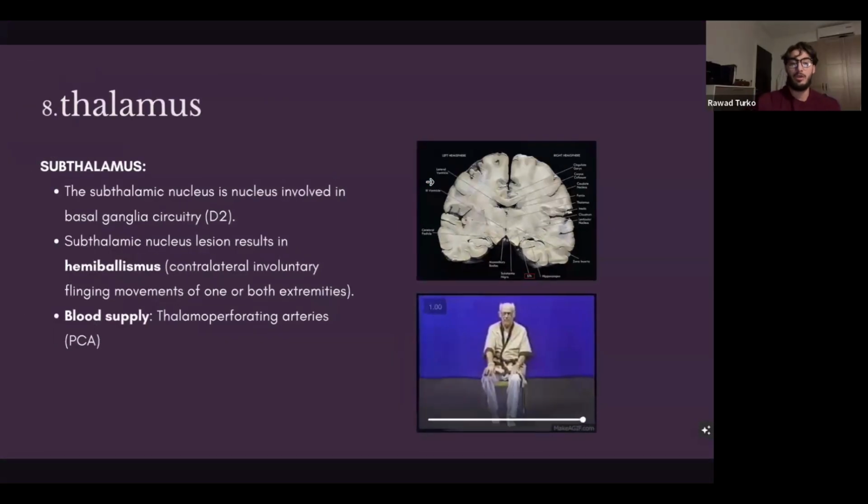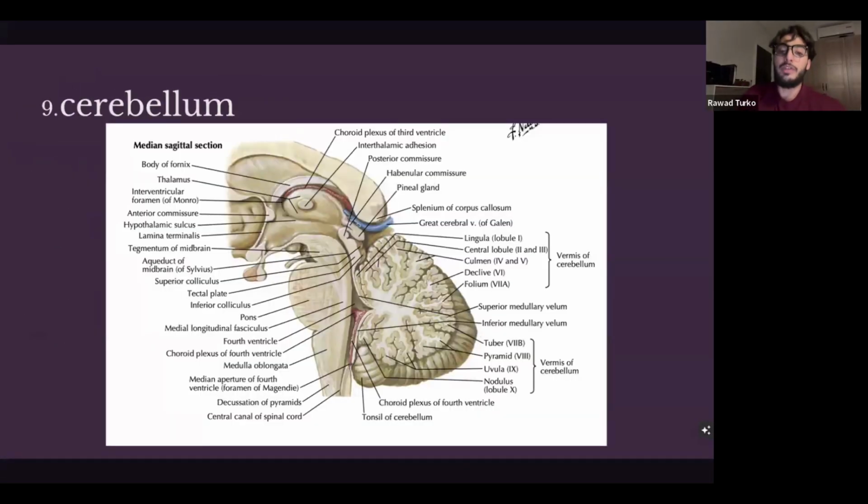All right. Moving on to the cerebellum. Other people like to call it the little brain. Where we say that the cerebral cortex has gyri and sulci, we say that the cerebellum has folia. These folia are basically just to increase the surface area of the cerebellum.